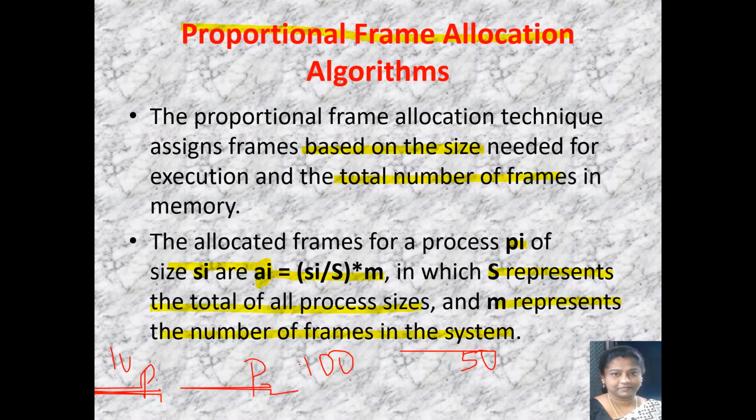But that is not a fair allocation. Why? Because P1's size is very small, only 10 KB, while P2's size is large, 100 KB. Therefore, I go in for proportional allocation based on the sizes. I hope all of you are very clear with the advantage of proportional frame allocation. Thank you.